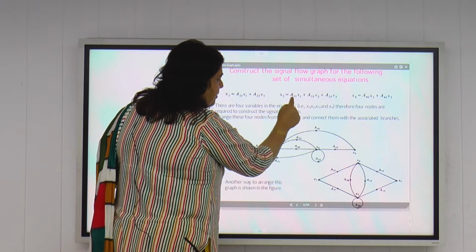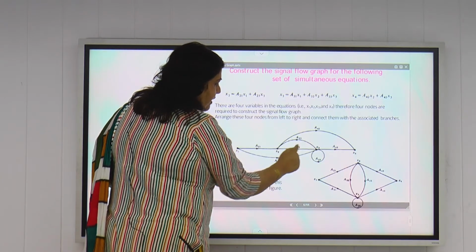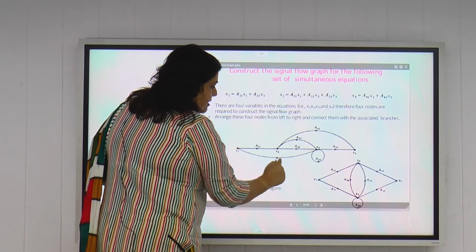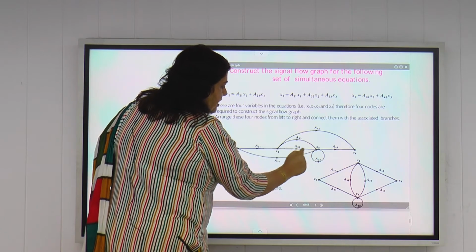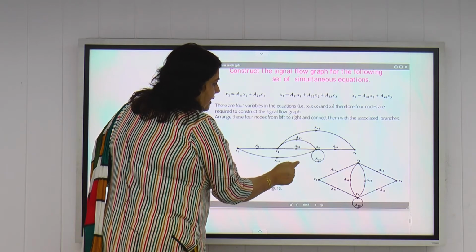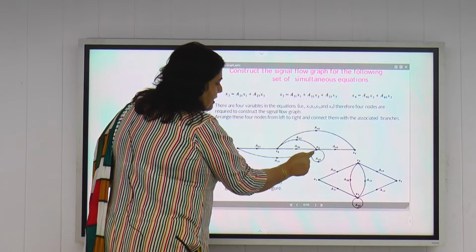Similarly, if we see the second equation, on x3 we have a31 x1 from this side. This is a31 gain and this is x1. So a31 x1 plus a33 x3 plus a32 x2. These are the three inputs that are coming on the node x3. So we are taking these three here, a32 x2, a31 x1 and a33 x3.